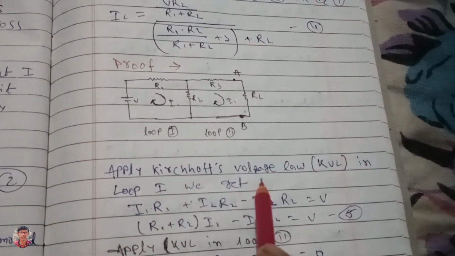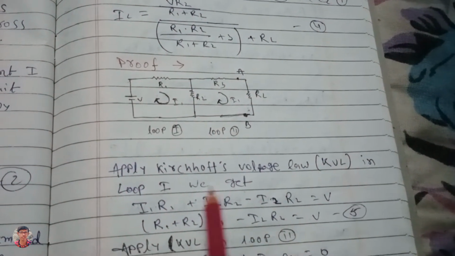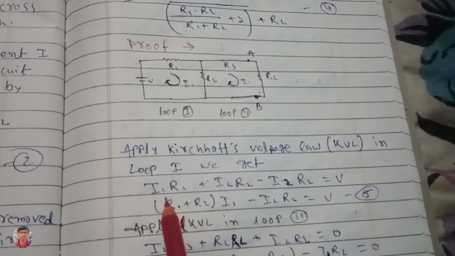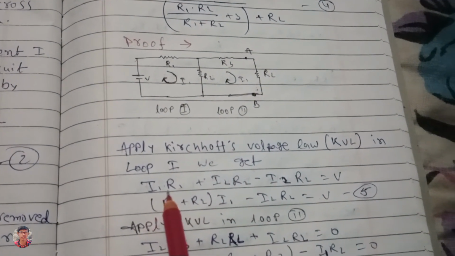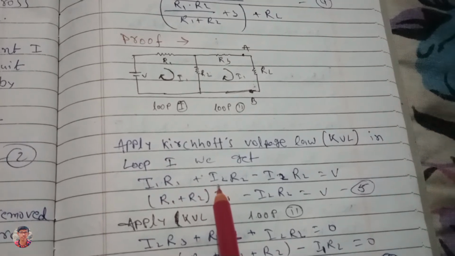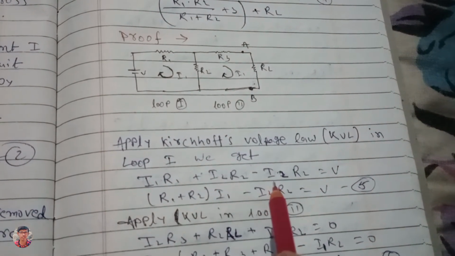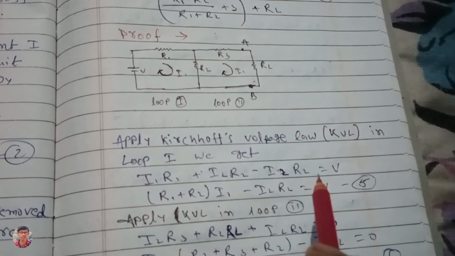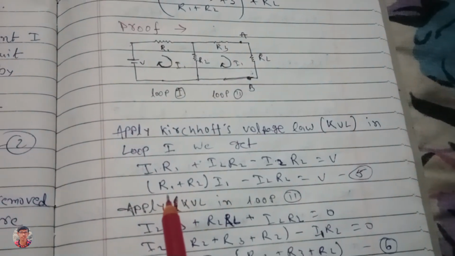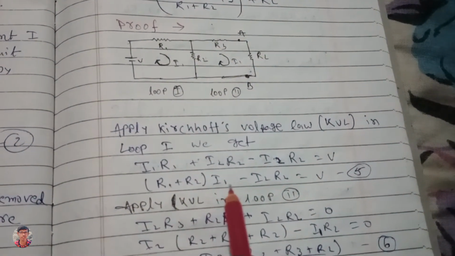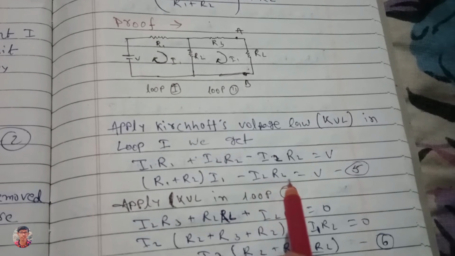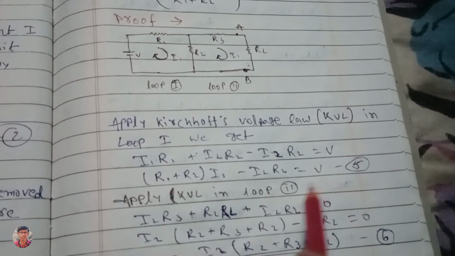अप्लाई किर्चॉफ्स वोल्टेज लॉ KVL in loop 1 we get I1 R1 plus I2 R2 minus IL RL equal to V, R1 plus R2 bracket I1 minus I2 R2 equal to V. Equation 5.